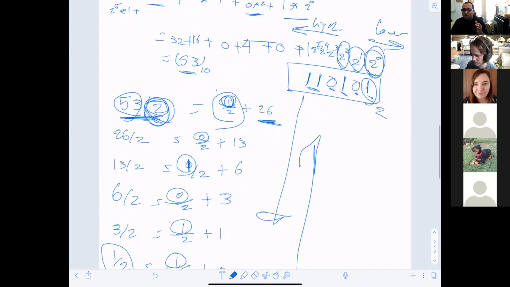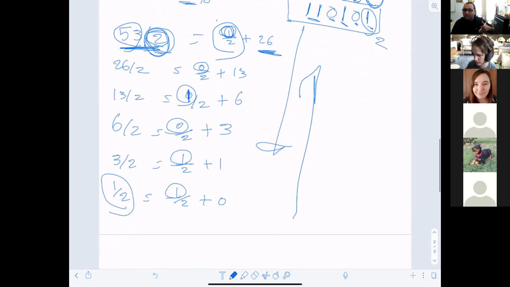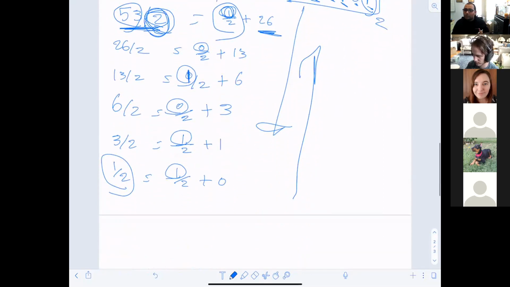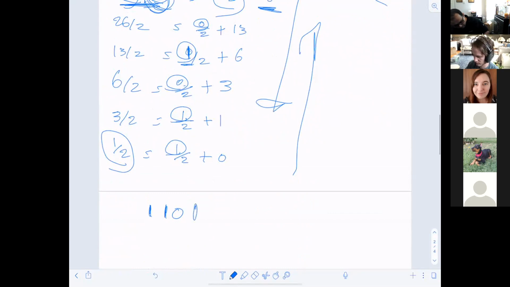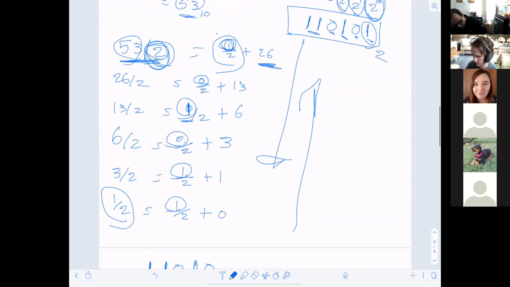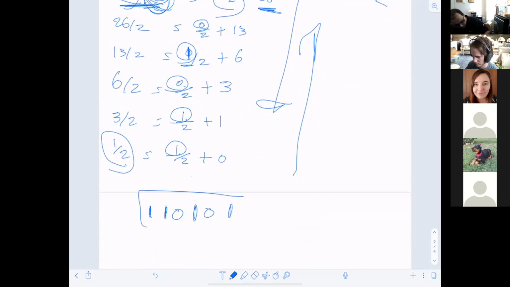Let's say someone decides to read it from the bottom. Let's read it from the bottom together: 1, 1, 0, 1, 0, 1. So the bottom for me is the most significant, so I read from the left towards the right. That makes sense?